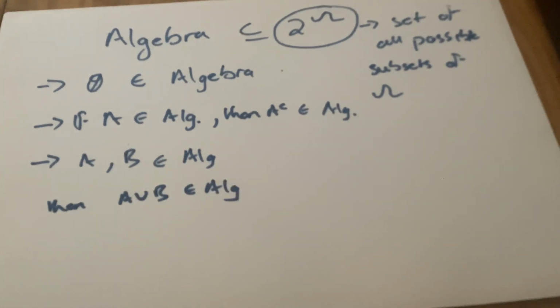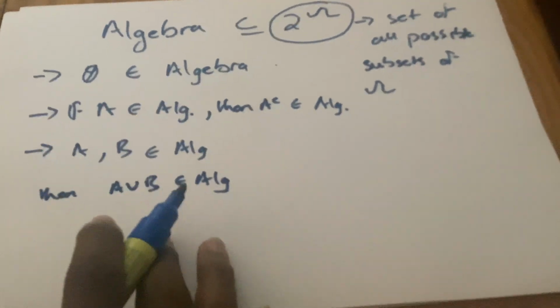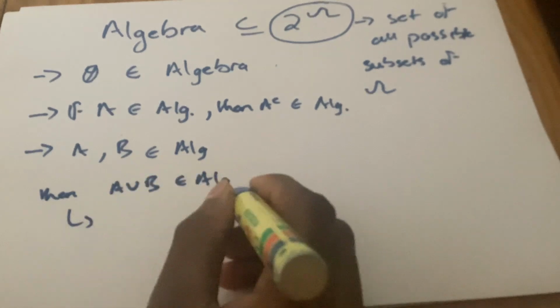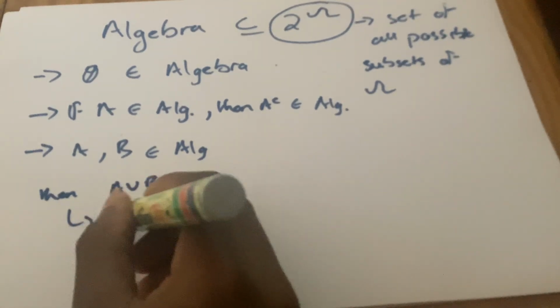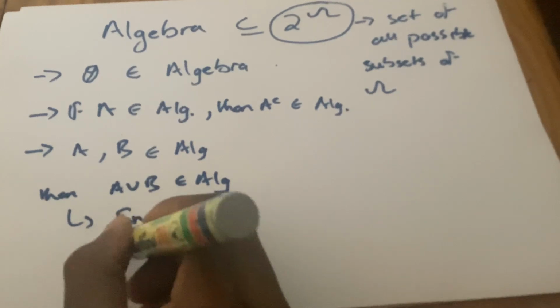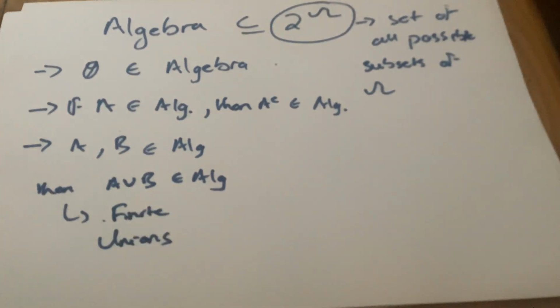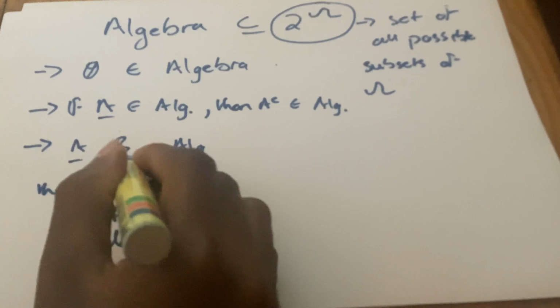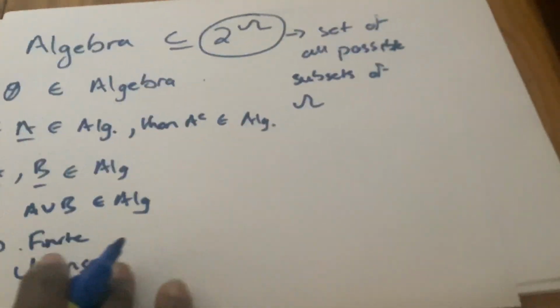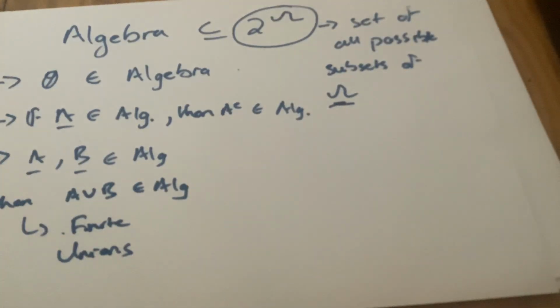And the third condition, by the way, speaks to all finite unions, and not just 2 events. So it could be three sets, 4 sets, 5 sets, 6 sets. All these A, B have to be subsets of omega. You can't just take any random sets.